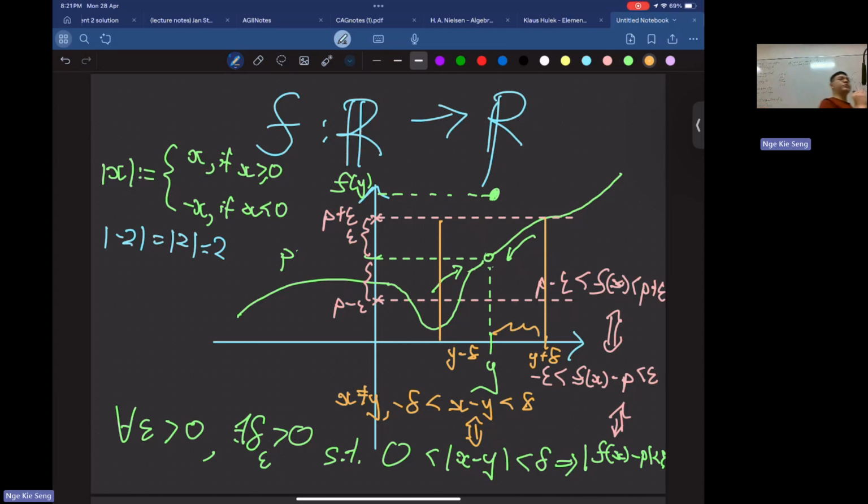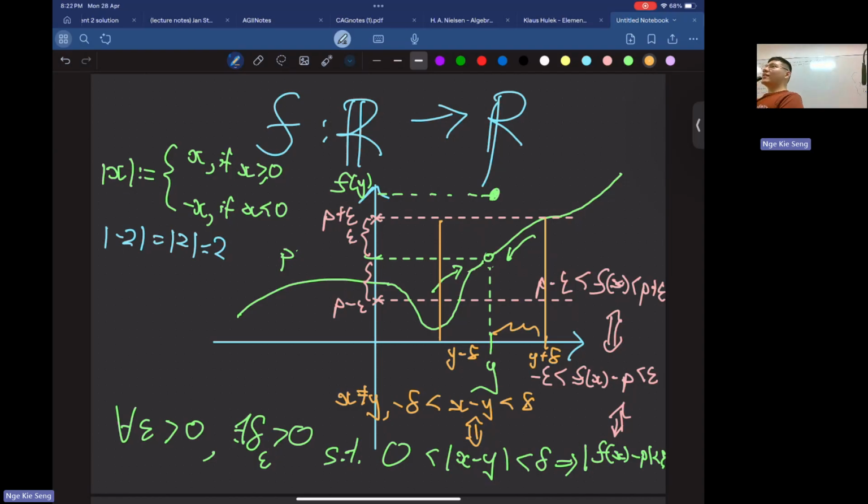What do you need to check? Still remember what you need to check? The condition Q: |f(x) minus p| has to be less than epsilon. Meaning you need to fall into the range of this pink box here. Does it fall into this range for all the x inside this delta here? The claim is no. Why no?